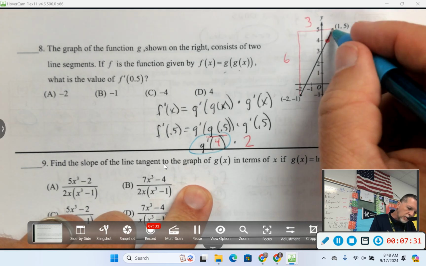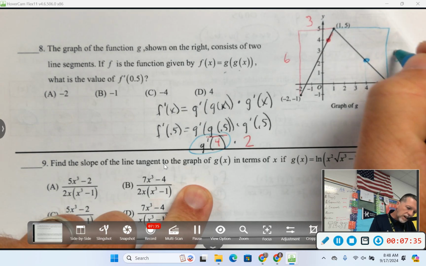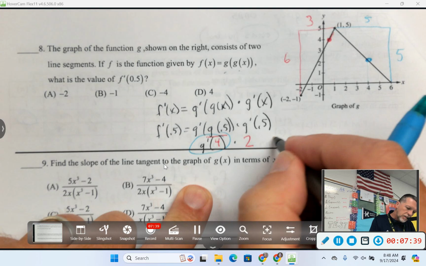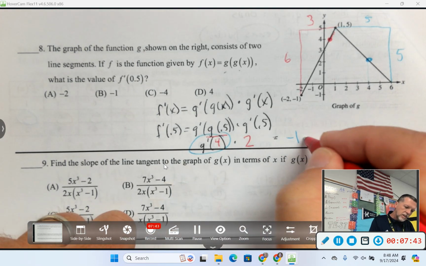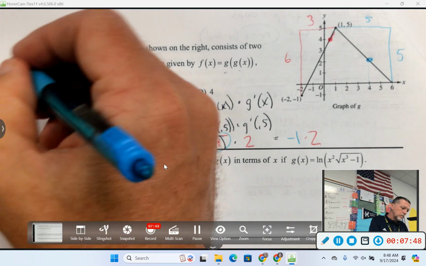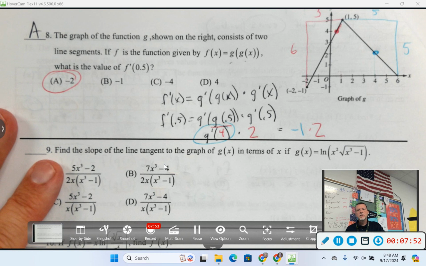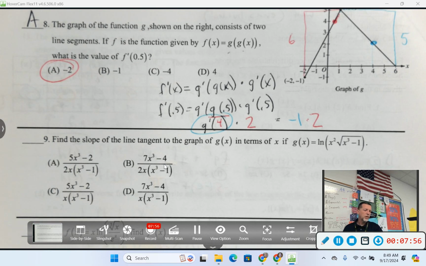So that slope is, let's see, down 5 and over 5. So that slope's -1. So -1 times 2 is -2. So a chain rule question with a picture to go with it.